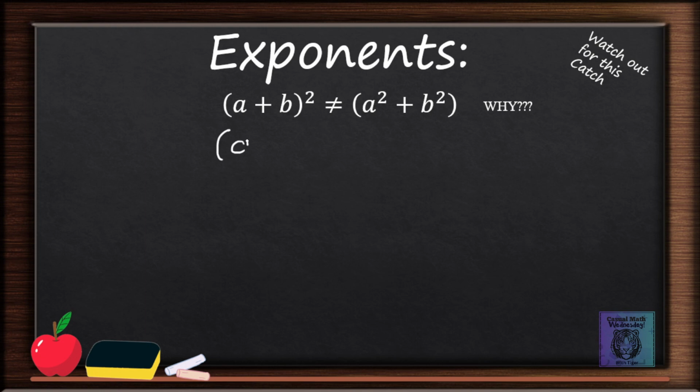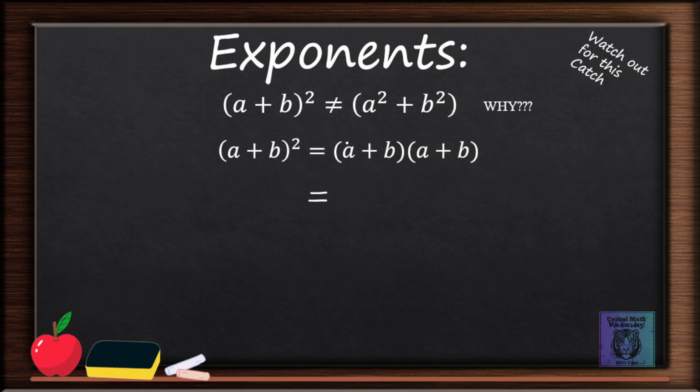So, a plus b squared. That means it is the term a plus b times the term a plus b. And here I like to call it the parrot claw, because it looks like the claw of a parrot as it sits on a stick. So you take a times a, a times b. You take the b times a, b times b.